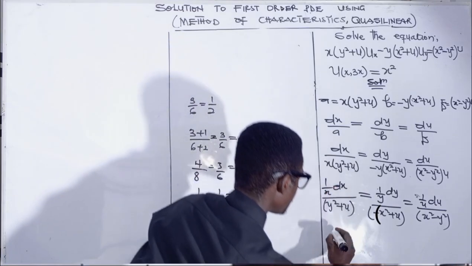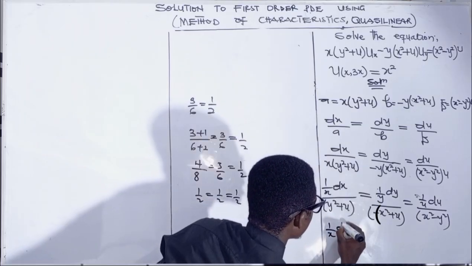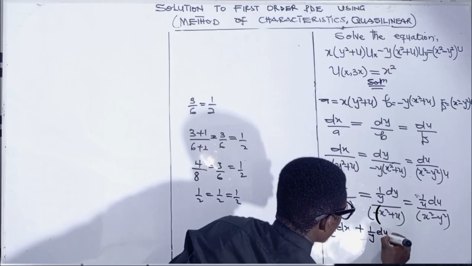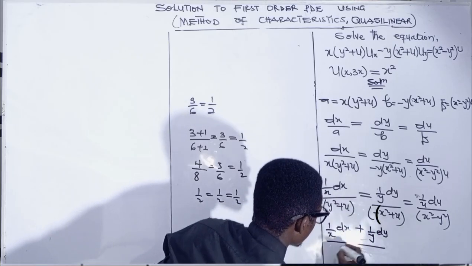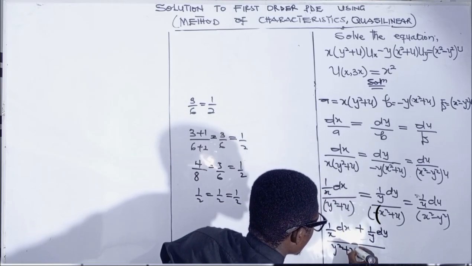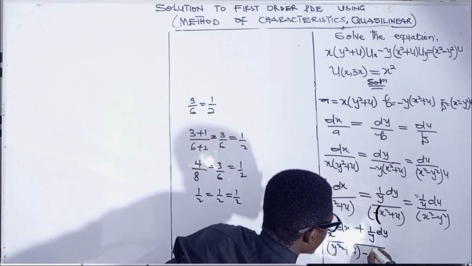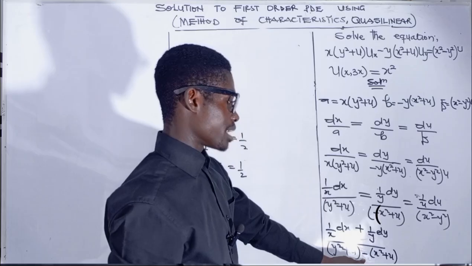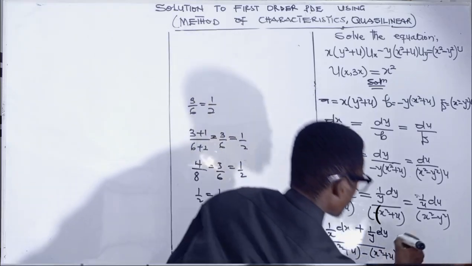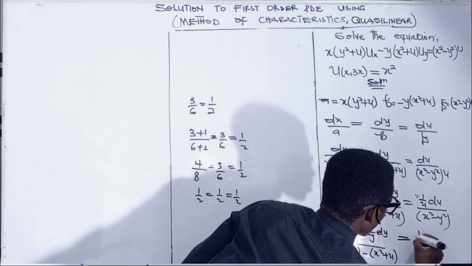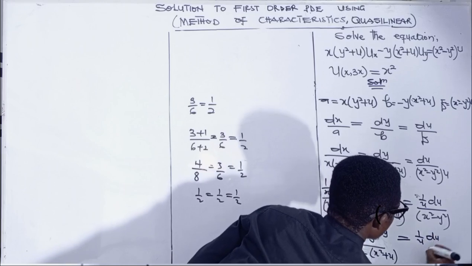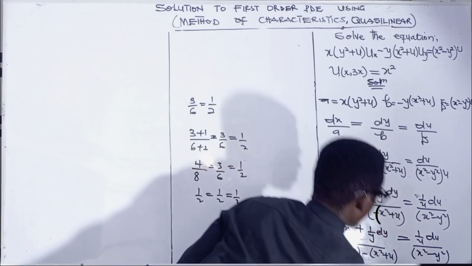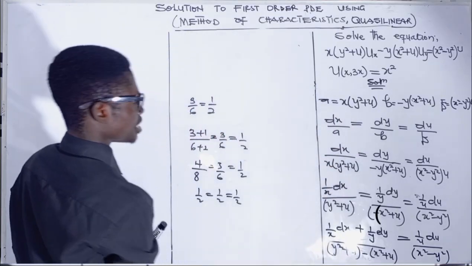So we are going to have 1 all over x dx plus 1 over y dy all over this plus that. So we have y squared plus u minus x squared plus u. This one is plus, but because of the minus, it has taken over. So we are going to have 1 over u du all over x squared minus y squared. Very, very interesting.